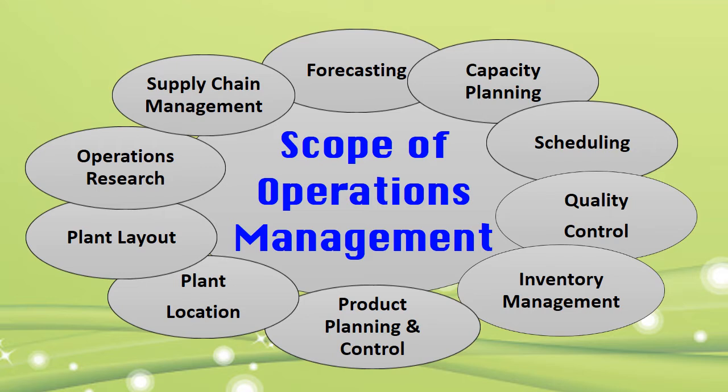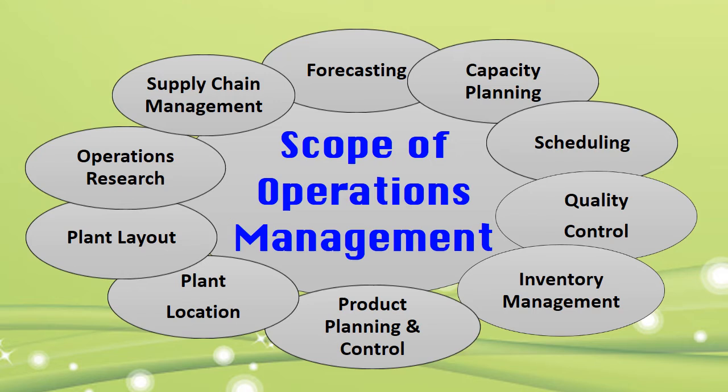Then is inventory management. It is, we can say, a vital or core operations management activity. It is concerned with the coordination of all the activities involved, right from the purchase of raw materials and then the manufacturing process until it reaches the end user in the form of finished goods.